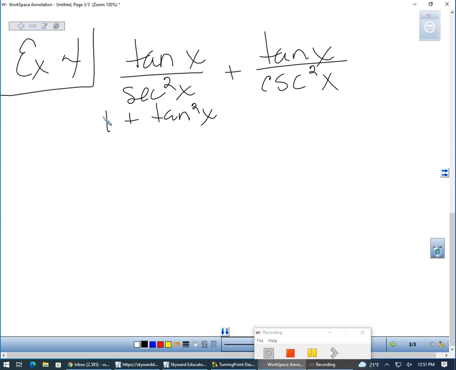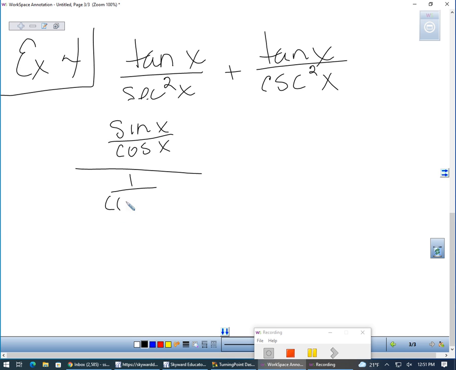So this is the perfect example of where it's going to be easiest if we change everything to sine and cosine. Our top numerator, tangent, is equal to sine over cosine. The bottom, secant squared x, is 1 over cosine squared x.